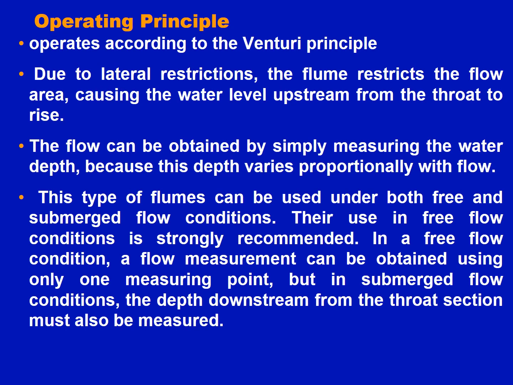But if it is a submerged flow condition, then the depth downstream from the throat section must also be measured. Similar to the Parshall flume, if free flow condition is there, only HA; if submerged, then HA and HB both we have to measure.